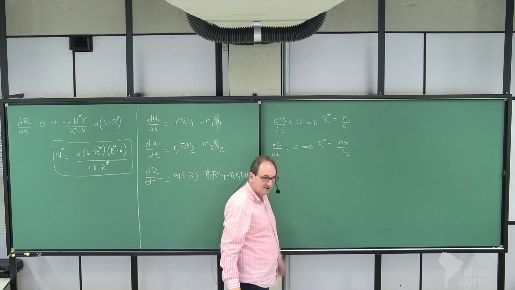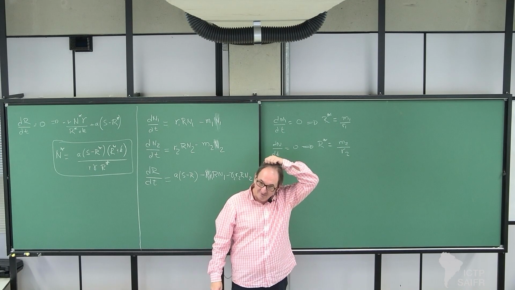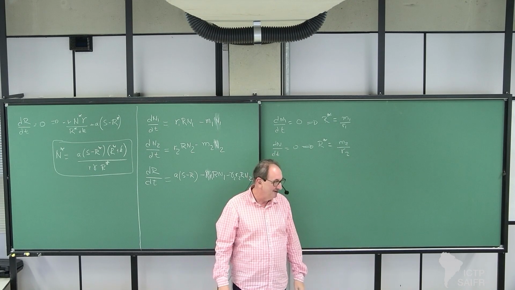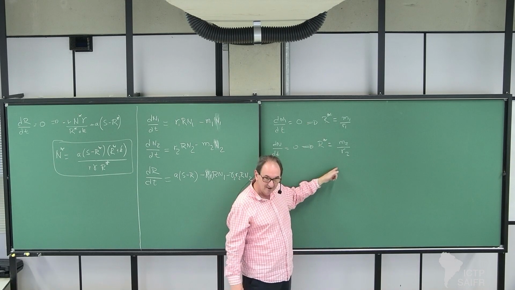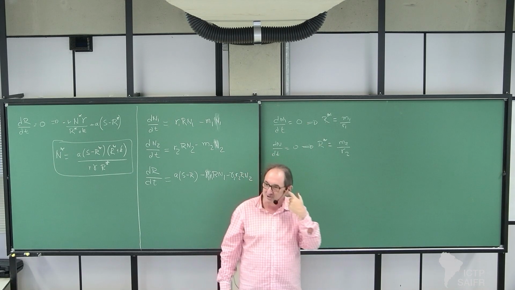Okay? So I have an overdetermined system, because either R is this one or is this one, unless they are equal. But this is what we call a non-generic case.